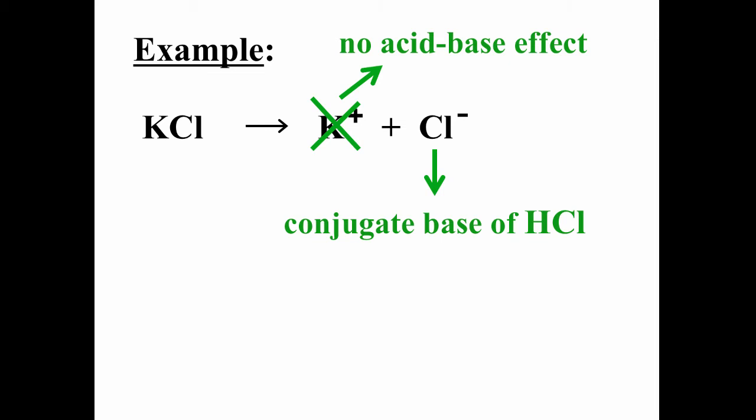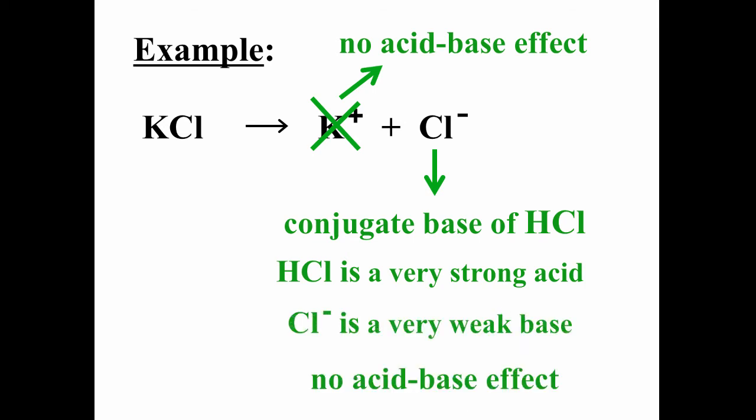Cl minus, however, is the conjugate base of HCl, and so you'd say, well, maybe this could have a basic effect on the solution. But the thing is that HCl is a very strong acid, and very strong acids dissociate fully. Therefore, they give up the hydrogen ion very well. The Cl minus conjugate base does not accept a hydrogen ion very well.